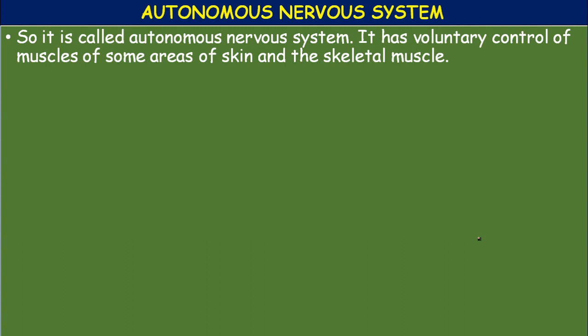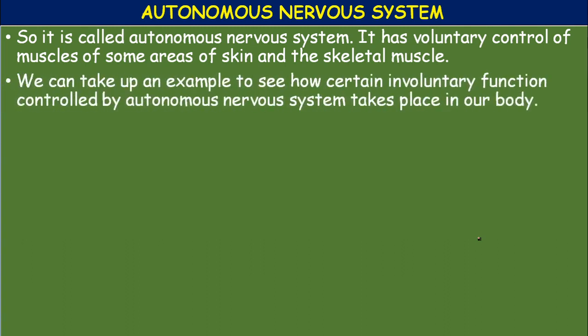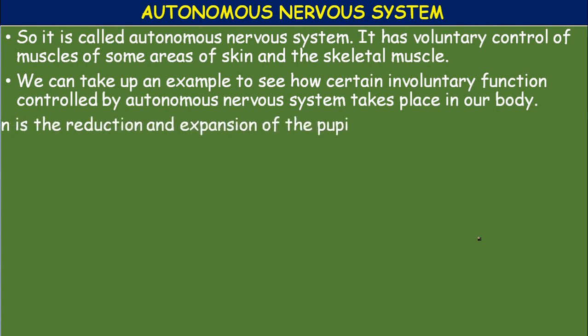The autonomous nervous system has control of muscles of some areas of skin and skeletal muscles. We can take up an example to see how certain involuntary functions are controlled by the autonomous nervous system in our body.